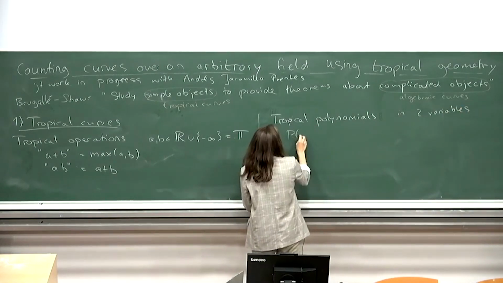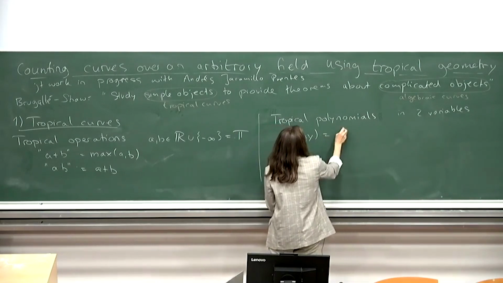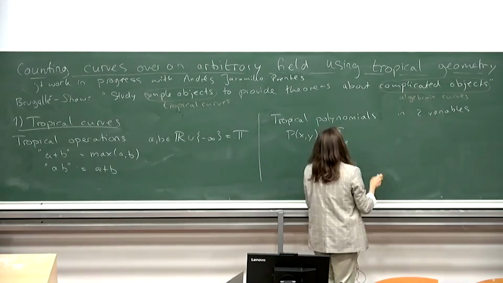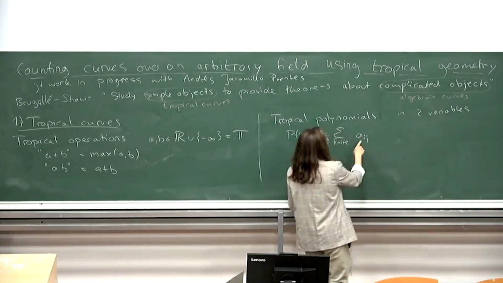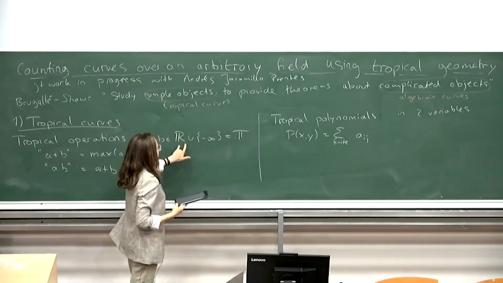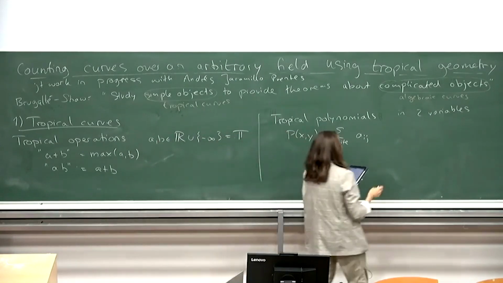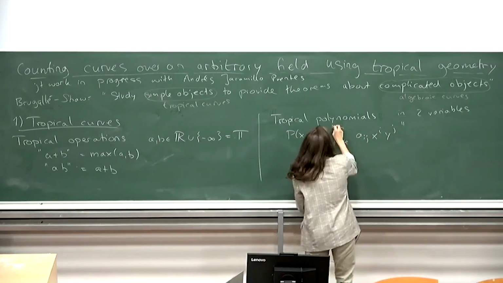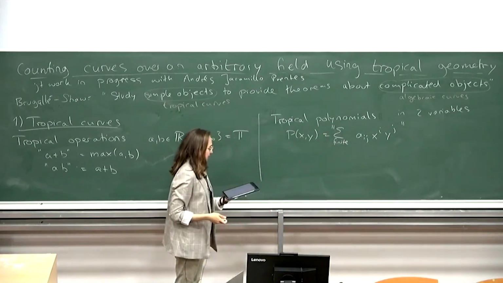This should look something like this: I have some finite sum of a_ij, where the a_ij are real numbers, x to the i, y to the j, but everything in quotes. So that should be a tropical polynomial.